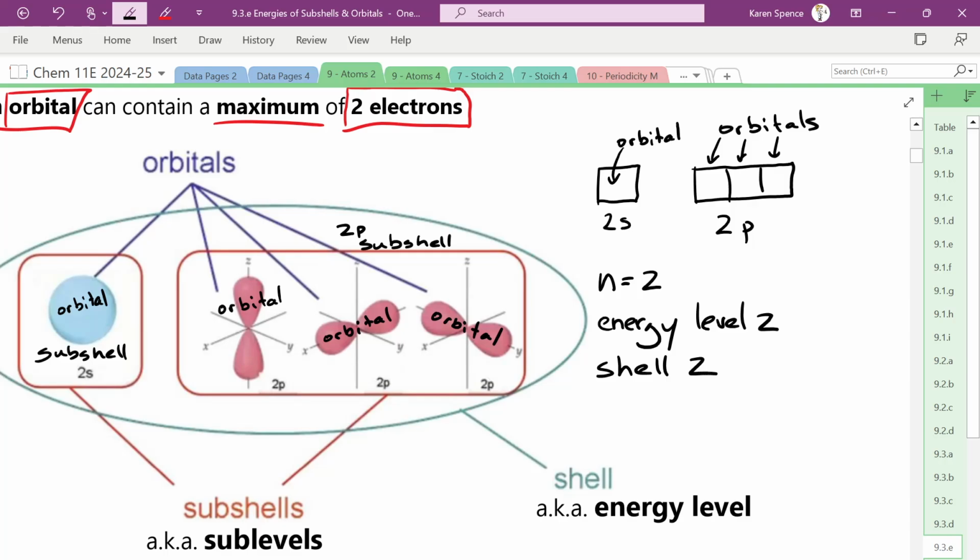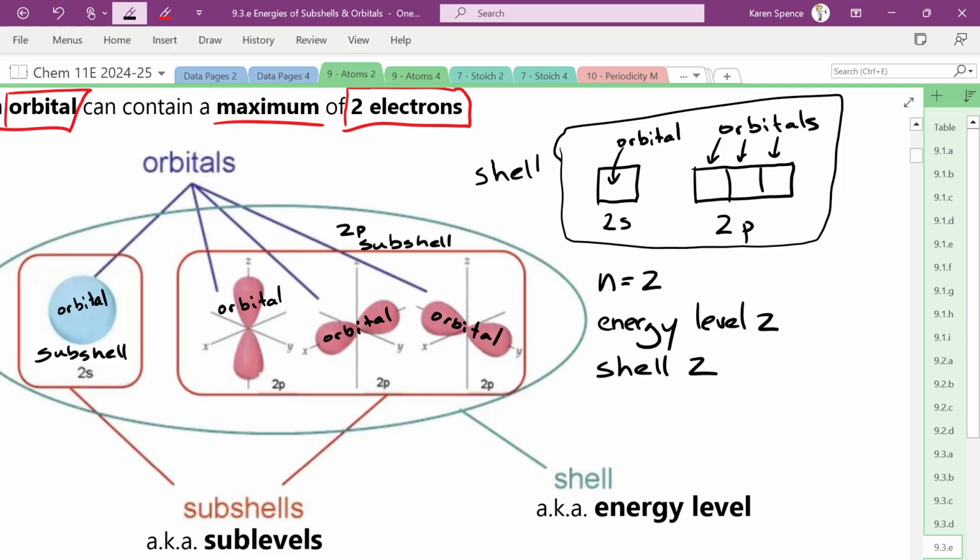So we're taking this complicated thing and we're simplifying it down to just little boxes. Yes? And this entire thing together makes up the shell. Subshell, subshell, shell.